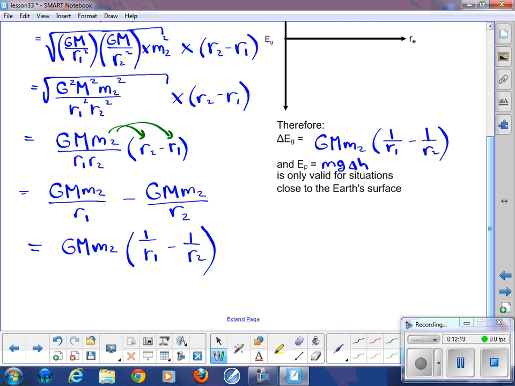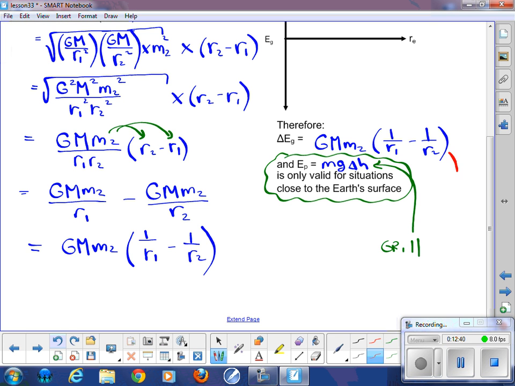Just to finish this off, that mgh we used in the grade 11 course is only valid for situations close to the Earth. It doesn't extend when you start getting to much higher and higher distances.